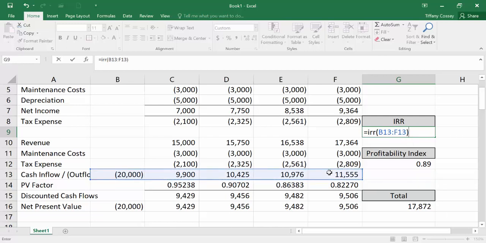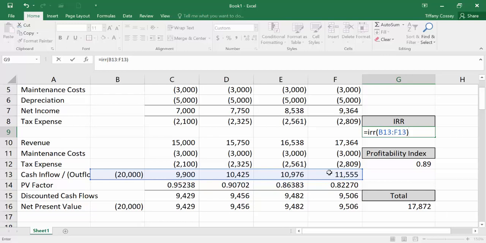Because remember, what IRR tells us is what percentage the company is actually going to earn on a discounted basis. Or another way to look at that is, what percentage rate of return would the company use to make the net present value equal exactly 0? So what is the real discounted rate of return the company is earning given these cash flows?